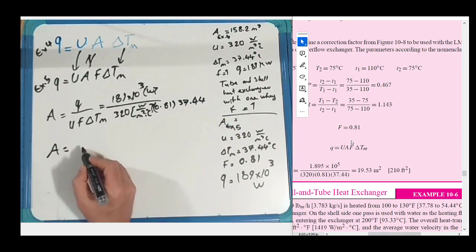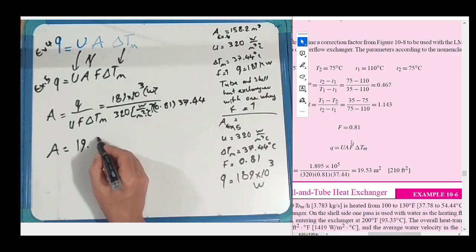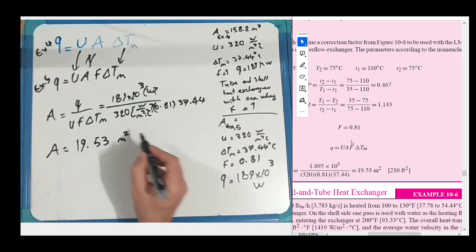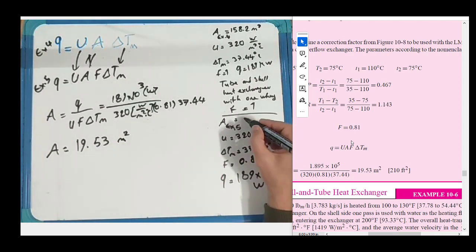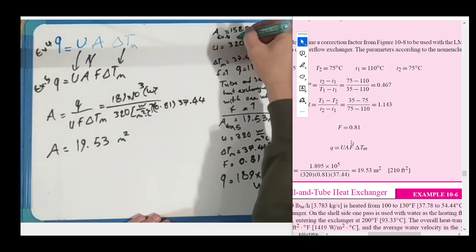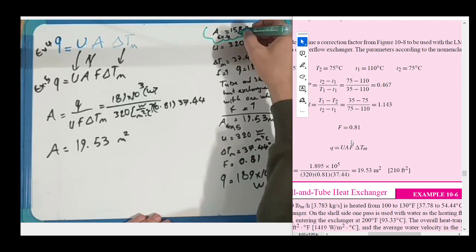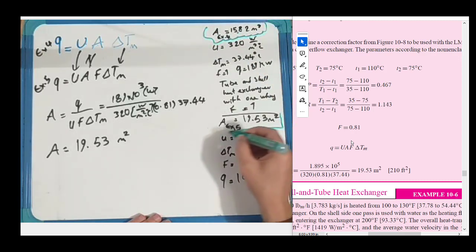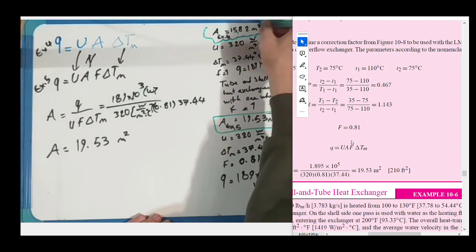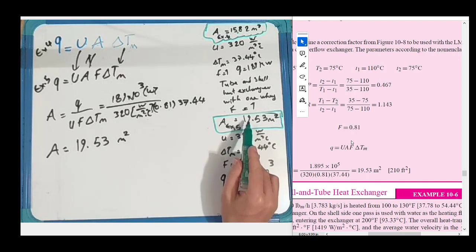The answer would be 19.53 meters square. As you can see, in example 4 the A is smaller than the area in example 5.